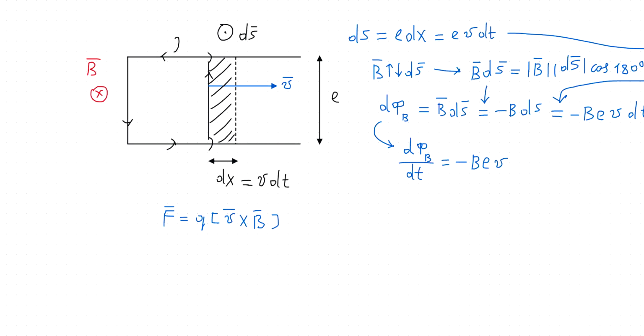So because of this, we can define that vector V is perpendicular to vector B.